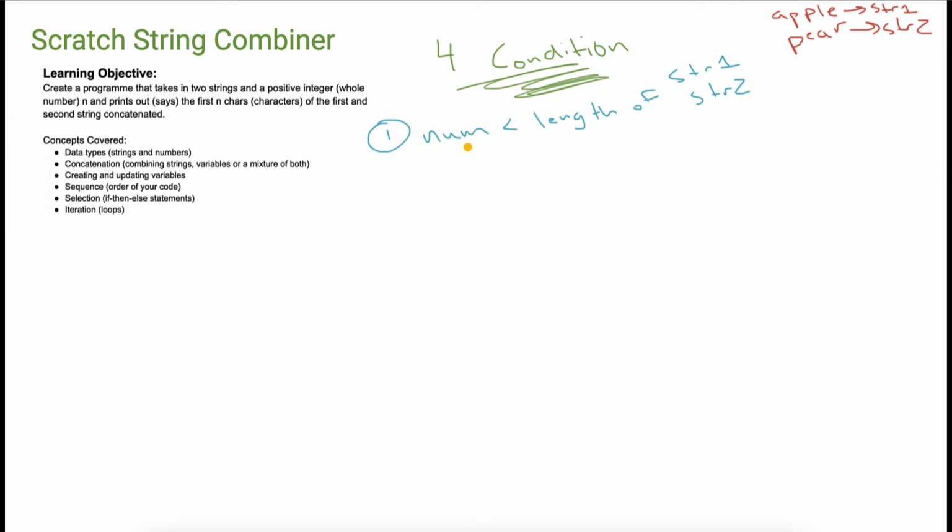Let's say in this instance, num is 3. So what's going to happen if num is 3? We should get APP, and we'll get PEA, like that. Because remember, the length of apple is 5, the length of pear is 4, and so the number is less than the length of both of these. So it'll just return that value.